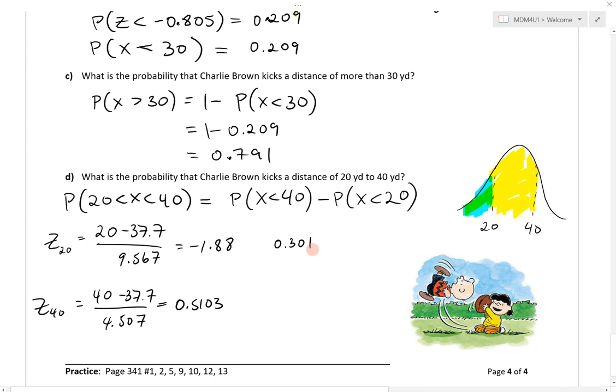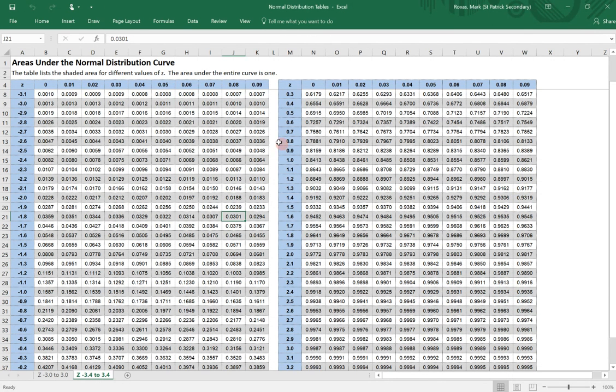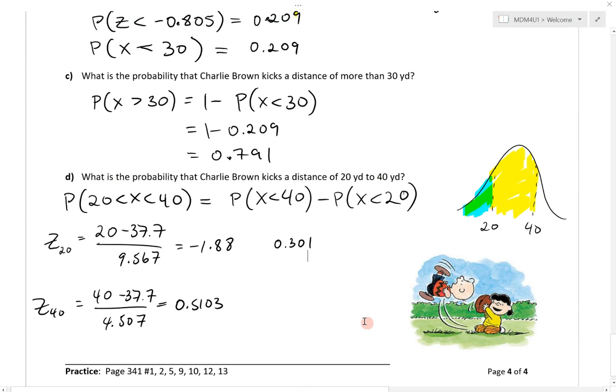And the probability for 40, for 0.5103: let's go to positive 0.5 right about there, and the second decimal is 1, so 0.1 right there. The probability is 0.6950.